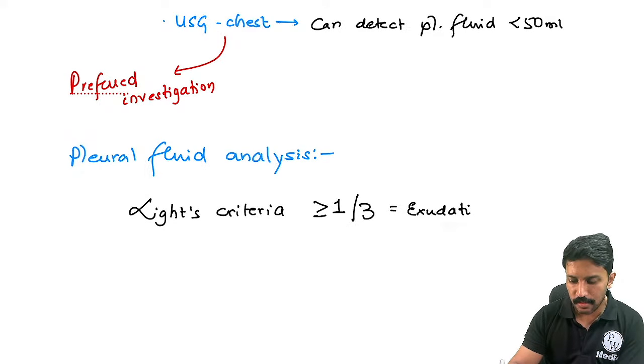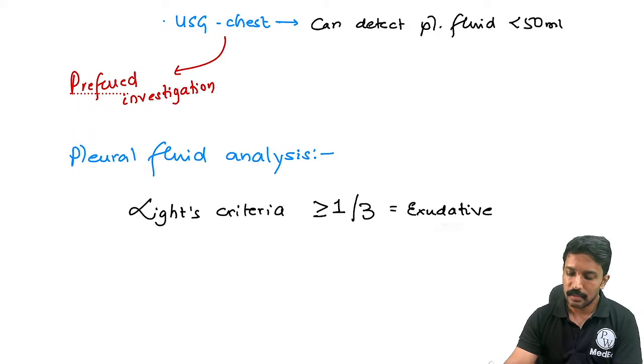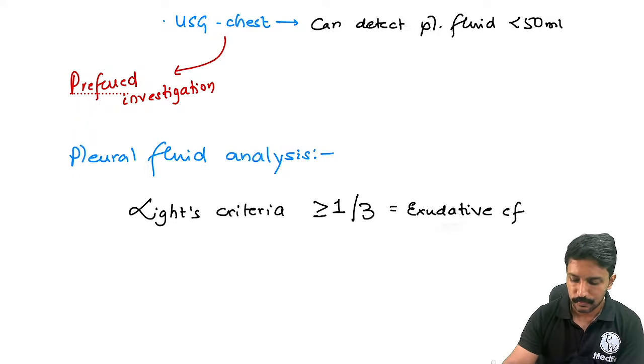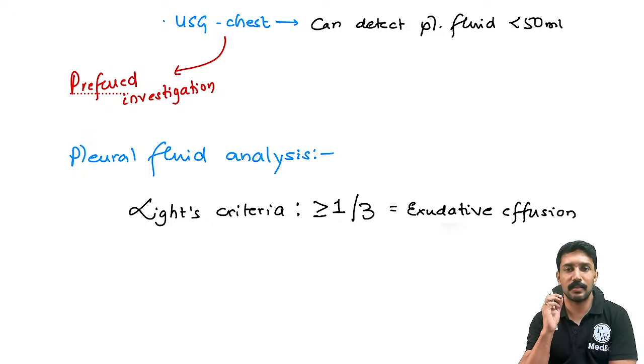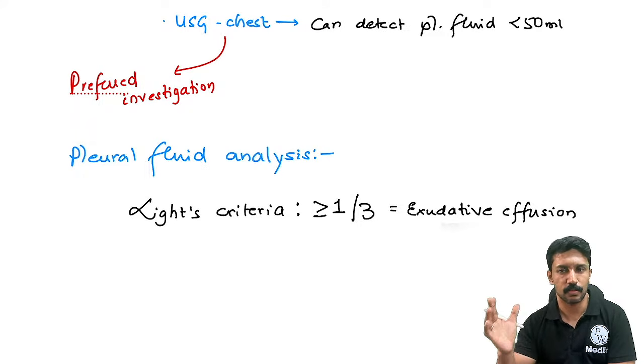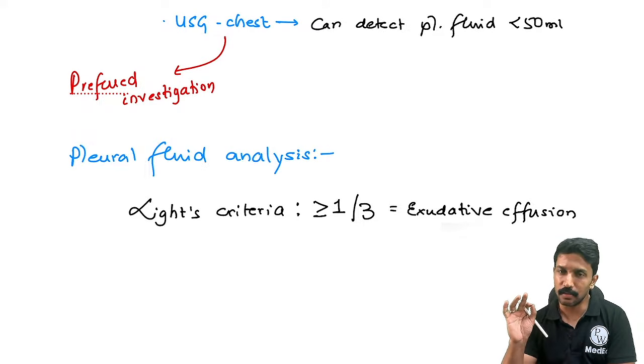If all the criteria are absent, then it is transudative effusion. To call it exudative, any one of the three criteria meeting is enough. If none of them are met, it is transudative.